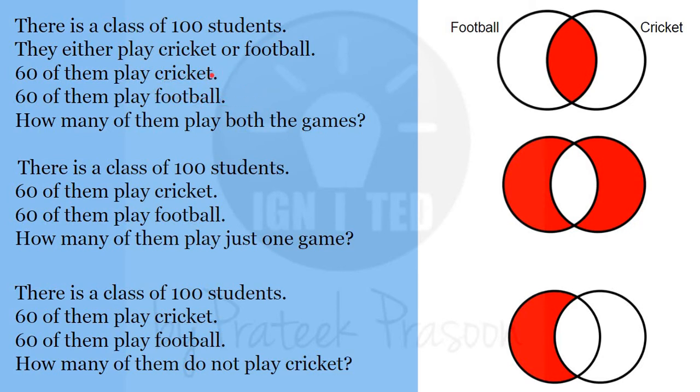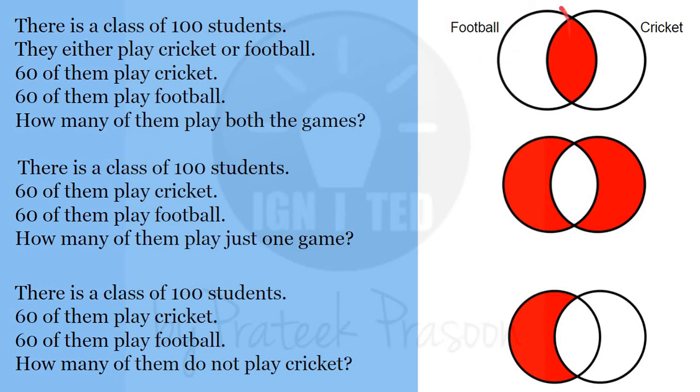And then what we will do? We will give a cricket bat to 20 of the students who play football, so that 60 will play cricket and 60 will play football. And among those who are playing football, 20 will be students who play both cricket and football.